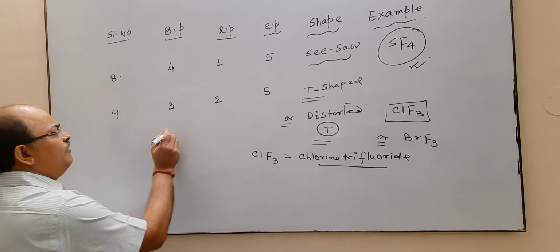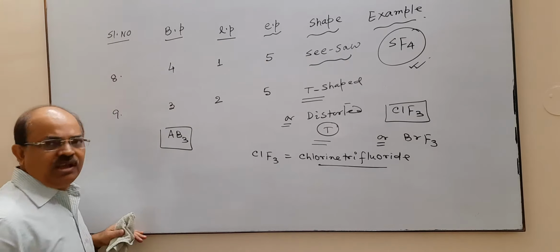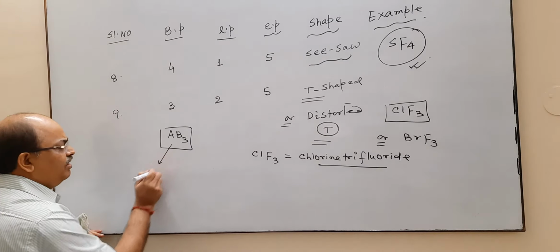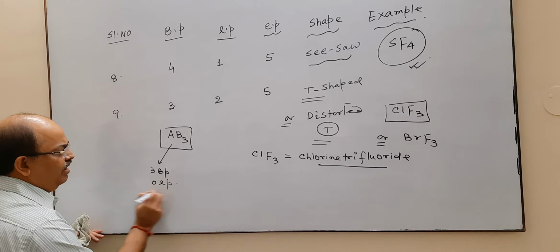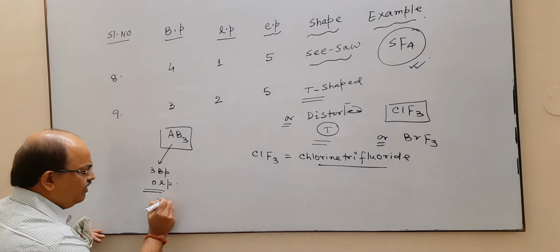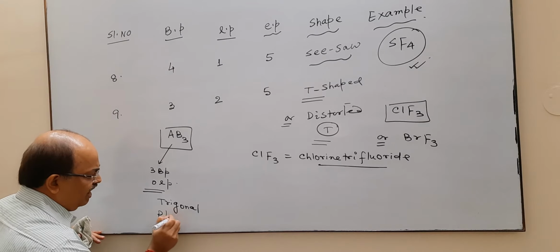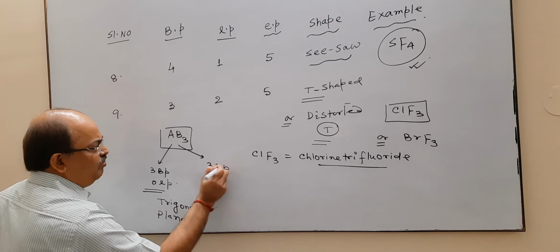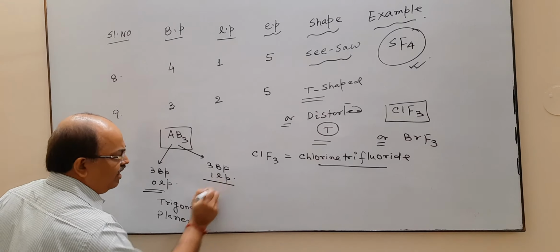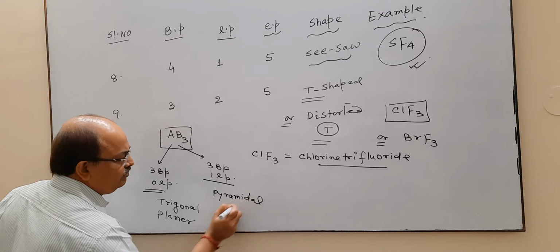Now, if we have a molecule AB3, only 3 bond pair, 0 lone pair, you can say the shape is your trigonal planar. AB3, 3 bond pair, 1 lone pair, the shape is your pyramidal.